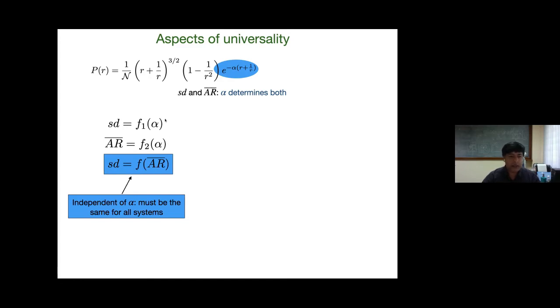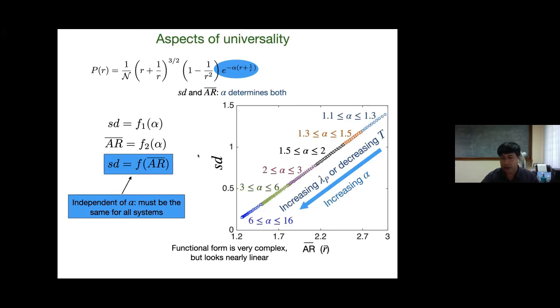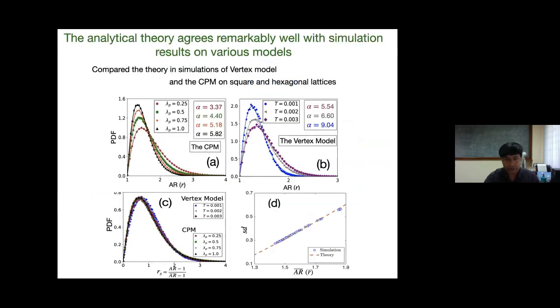Now, these equations are monotonic, and we see that alpha does not appear in this equation. What this implies is that this relation must be universal across different systems. And this is the theoretical plot of this particular quantity. The actual functional form is very complex, but it looks nearly linear.